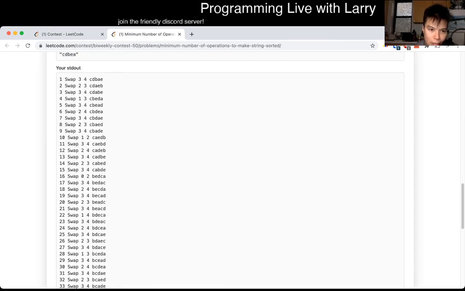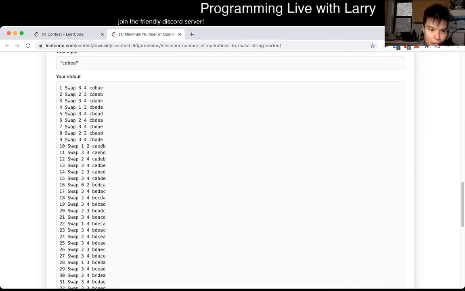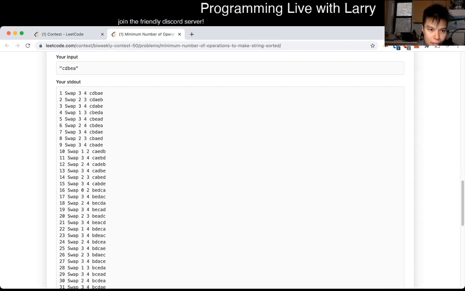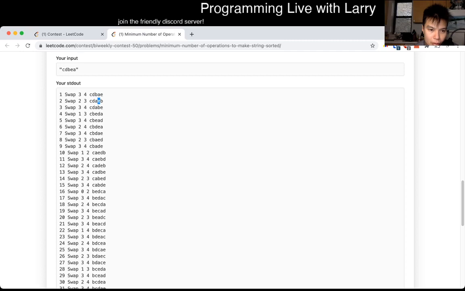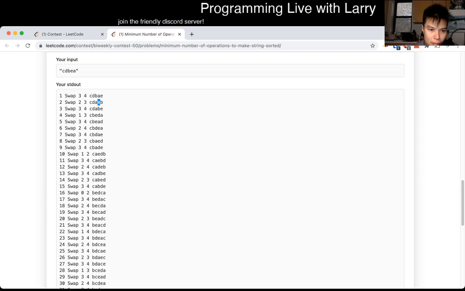I'm trying. What does adding the t? So this looks at the next suffix, just these three.